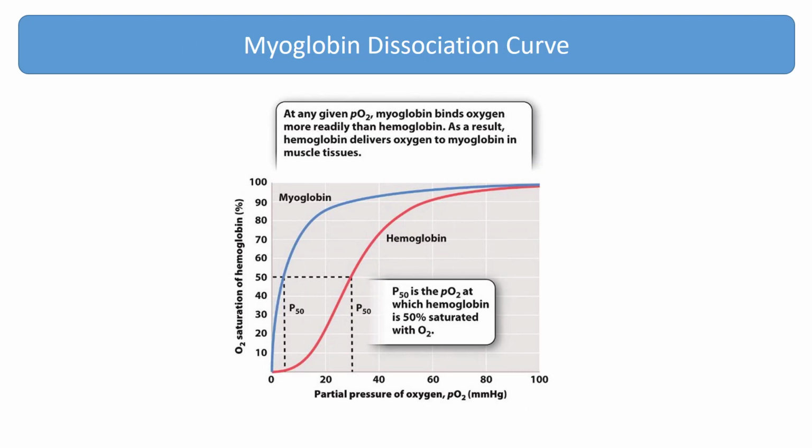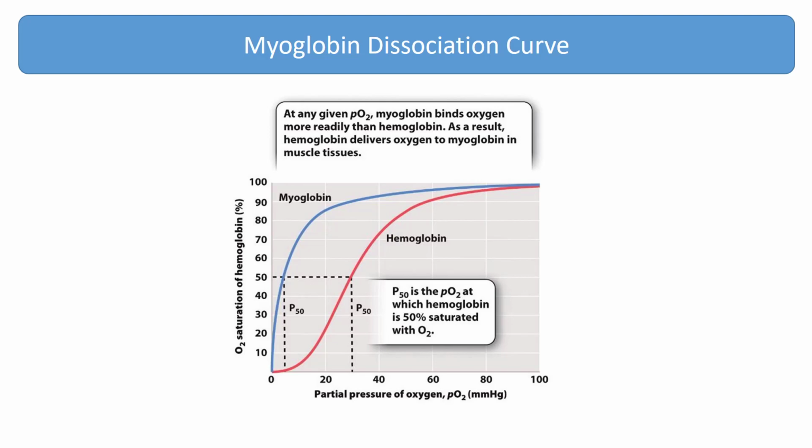Because there are no interacting subunits in myoglobin, the O2 dissociation curve for myoglobin has a different shape than that for hemoglobin. Over the physiological range of oxygen partial pressure, myoglobin has a greater affinity for oxygen than hemoglobin does, and therefore binds oxygen more tightly. As a result, hemoglobin releases oxygen to exercising muscles before myoglobin does.